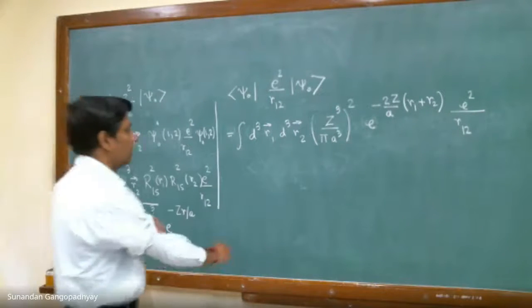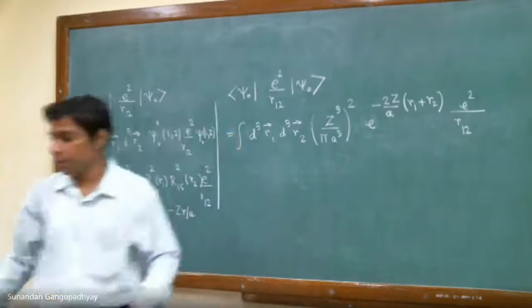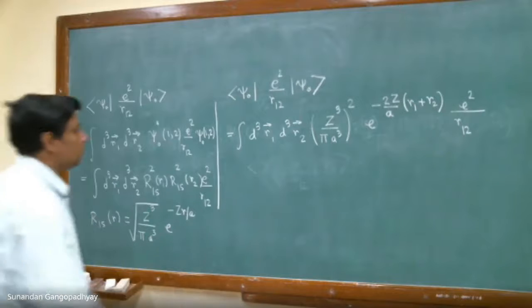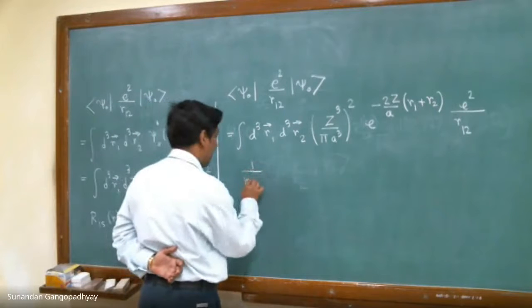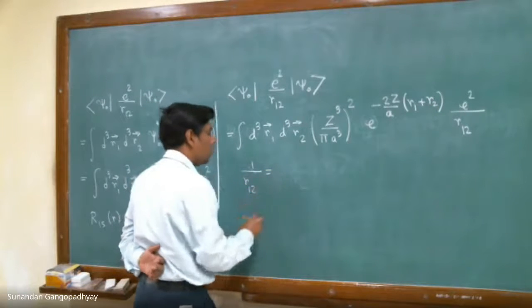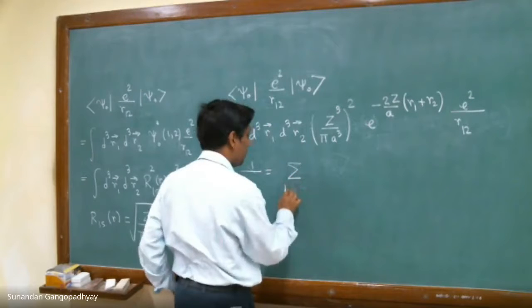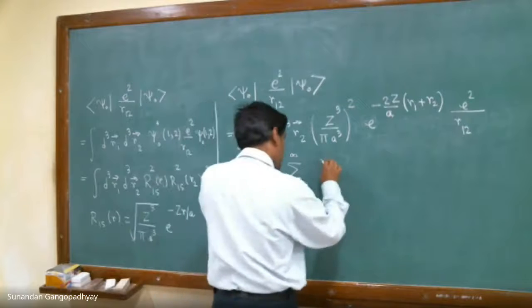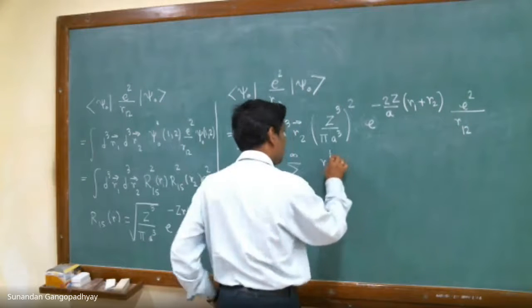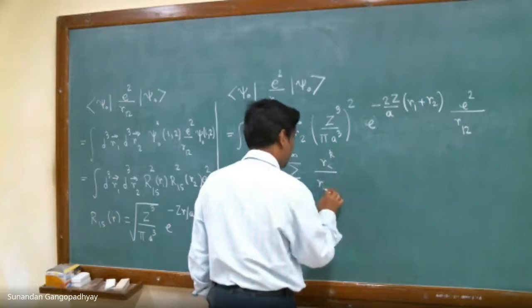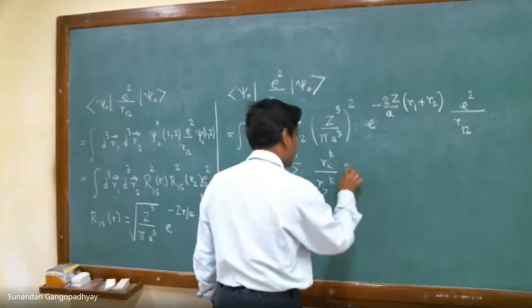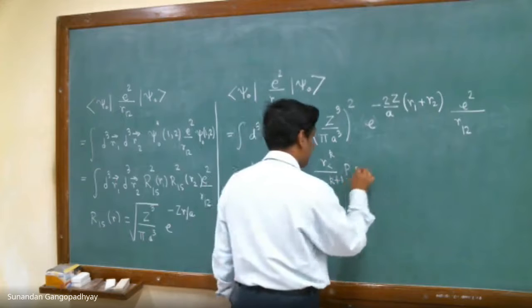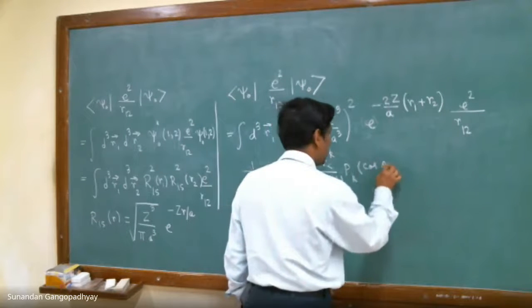And what we shall do is we shall use an expression for 1 by r12. 1 by r12, you can write this down as summation k equal to 0 to infinity, r less than to the power of k, over r greater to the power of k plus 1, times cos of theta 12.